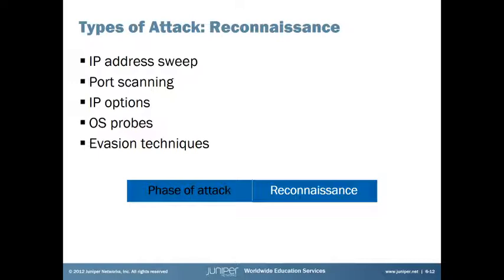Okay, spoofing is when you change the source address on the packet header, so that the packet appears to be coming from a different address to what it is actually coming from. So when the packet arrives, the source address is not the real source address. It's a different source address, so it looks like it's coming from somewhere else.